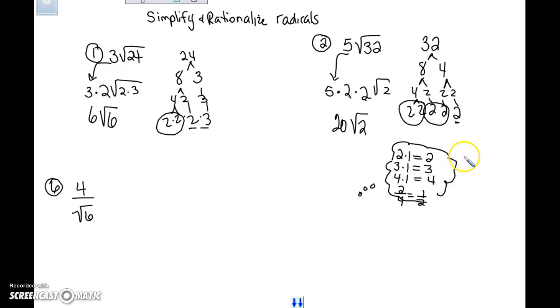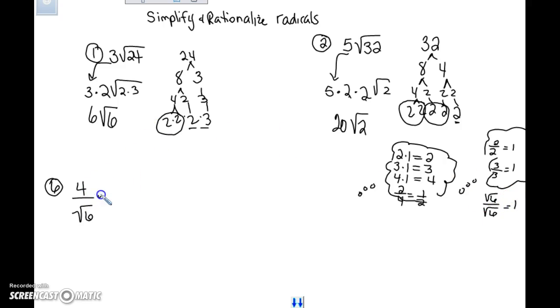The other thing that we want to think about is how we can write 1. So like 2 over 2 is 1. 3 over 3 is 1. Well, we could also say the square root of 6 over the square root of 6 is 1.